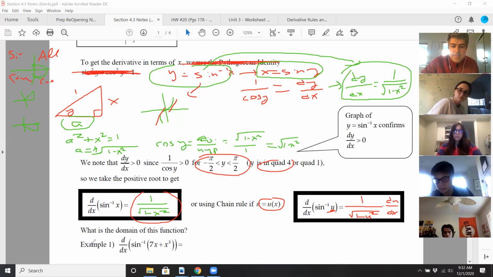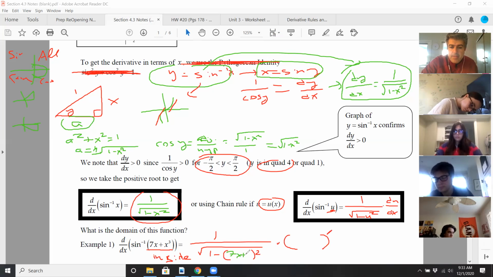So let's take a look at example 1 now. You have the derivative of inverse sine of 7x plus x cubed. This is your inside, right? If this jogs your memory, in our last unit, we did a lot of chain rule stuff. So it's going to be 1 over root 1 minus something squared times something. What's my inside here? Obviously, it's 7x plus x cubed, so keep it intact. And multiply by the derivative of the inside. Well, what's the derivative of my inside? That's easy. That's just 7 plus 3x squared.